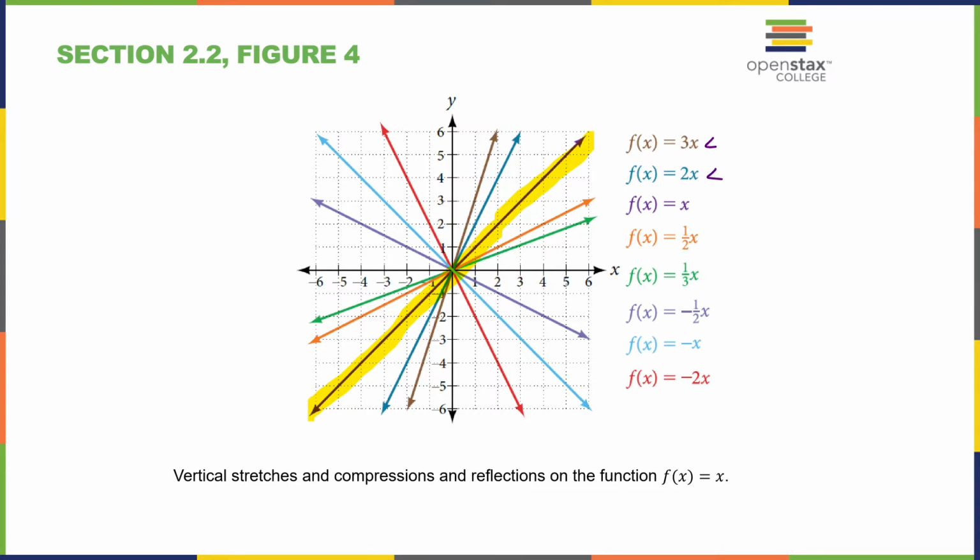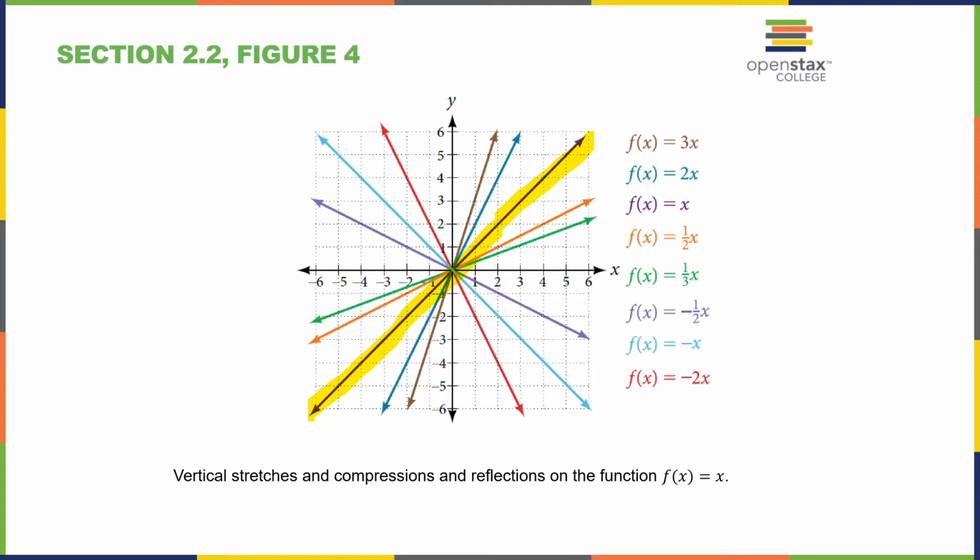Then if you do a number less than 1, so 1/2 or 1/3, you're going to compress the line, which is going to make it a shallower slope. That's these two here. Now you might say, but these other lines at the bottom here are also less than 1. They are, however, they're also negative, which puts them in their own separate little category.